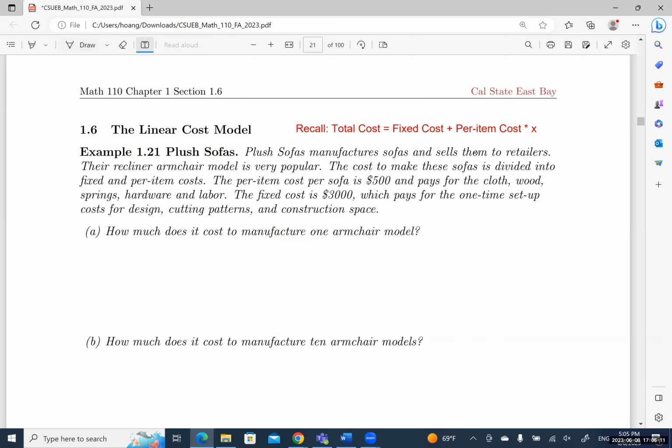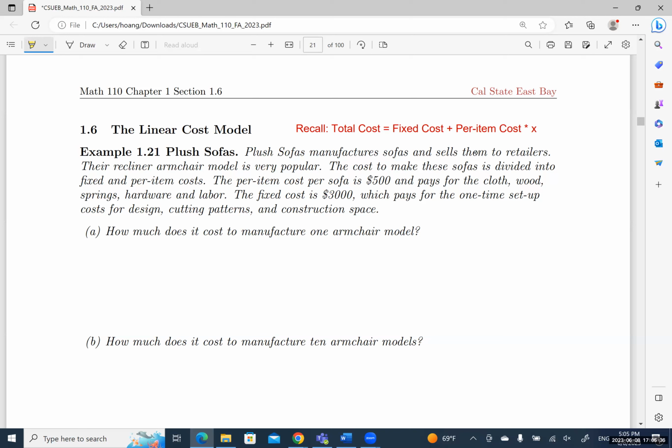So we go ahead and apply this information into example 1.21 below. The Plush Sofas company manufactures sofas and sells them to retailers. Their recliner armchair model is very popular.